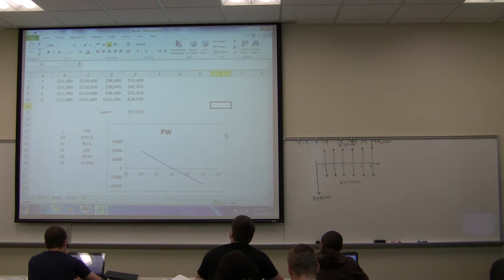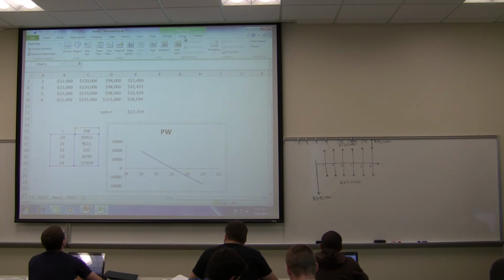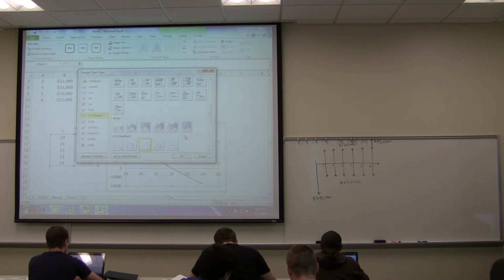I'm not using a trend line for this one. I'm using the smooth scatter chart. So we look at the chart type. Right-click, chart type. It is this one. Smooth without the data points shown, because the data point happened to be very close to the intercept.